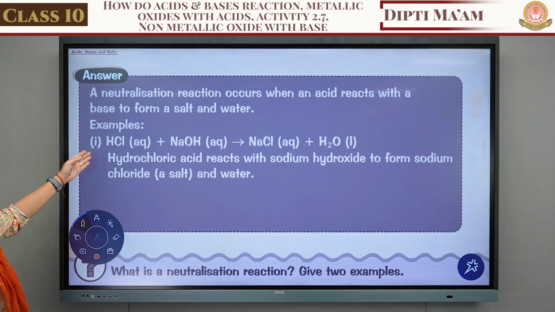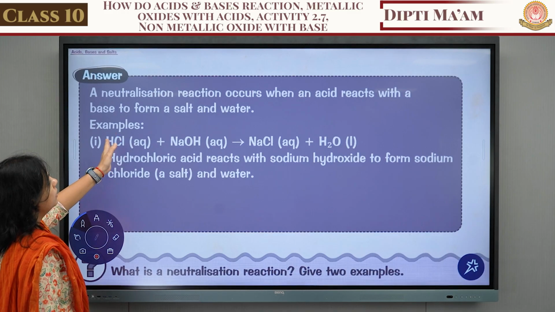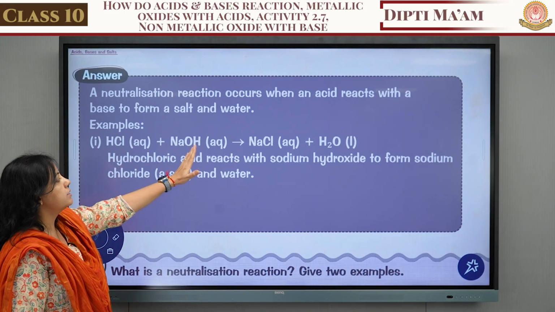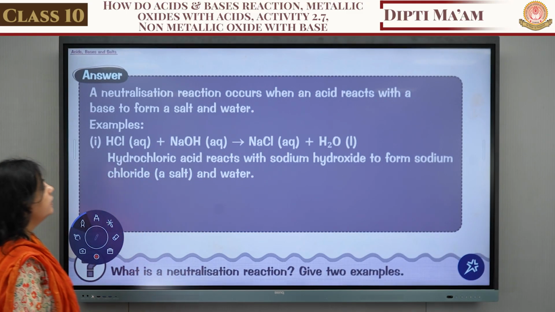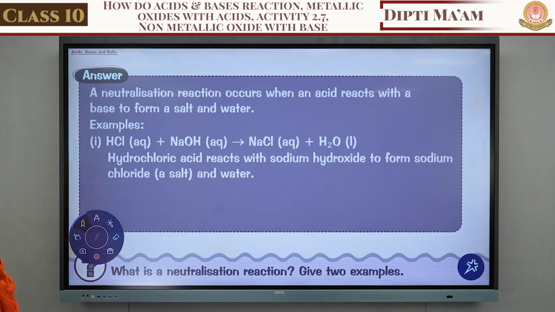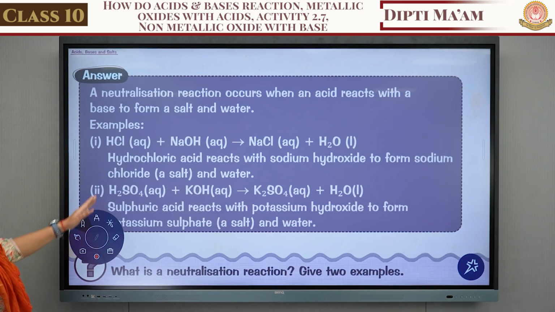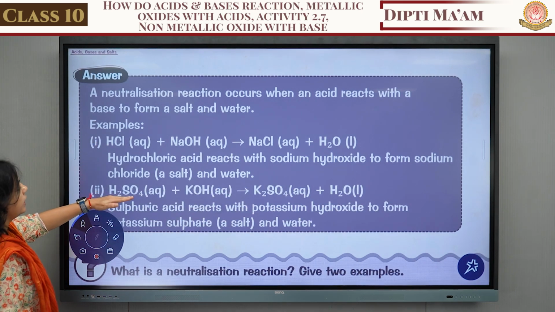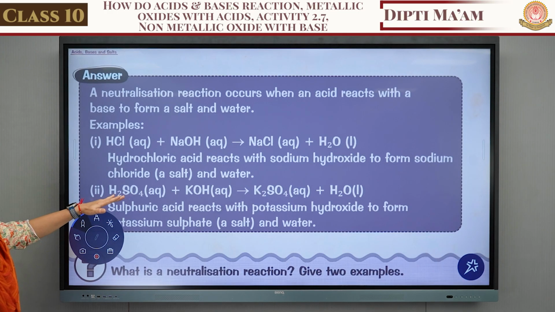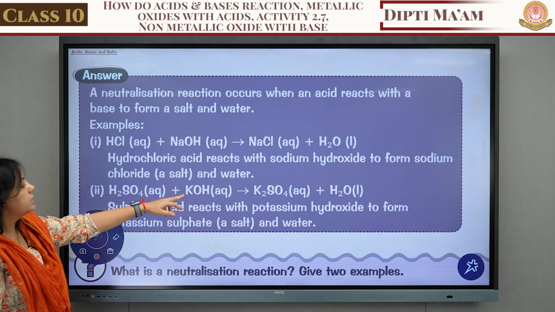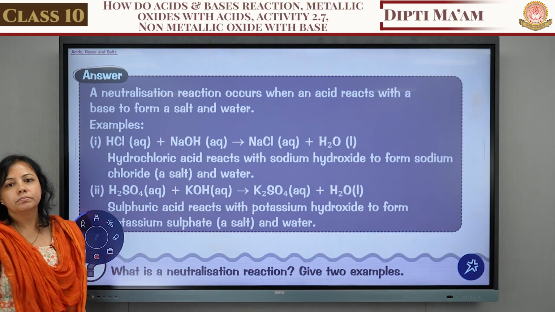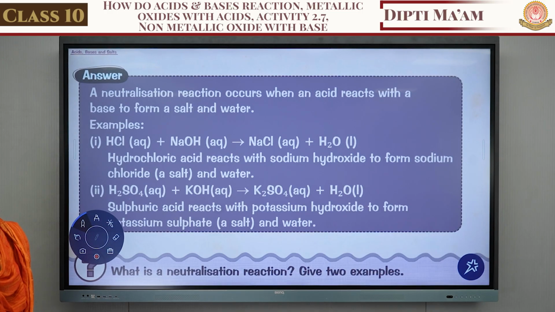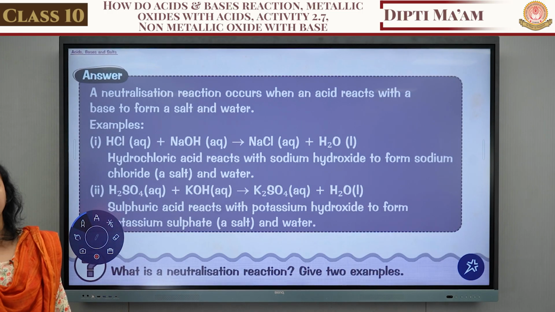Any 2 examples. Suppose the very easy first example is the reaction between hydrochloric acid and NaOH. Then it will form NaCl salt and water. What about the second reaction? Suppose they take as an acid H2SO4. What is the name of H2SO4? Sulfuric acid. And as a base they take KOH. What is the name of KOH? K means potassium, OH means hydroxide.